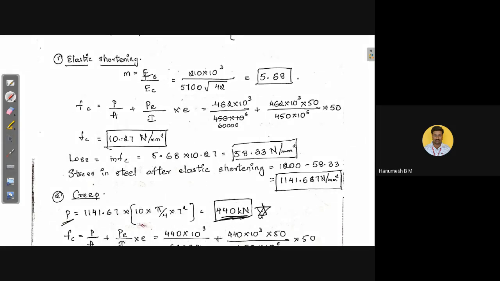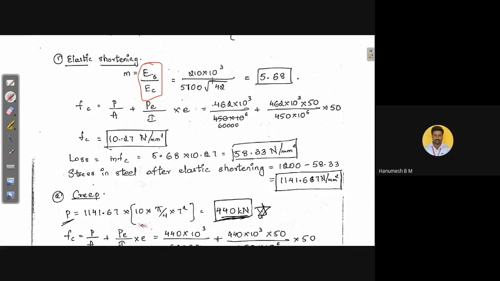Modular ratio is the ratio of Young's modulus of the steel to the Young's modulus of the concrete. Young's modulus of the steel is given as 210 kilonewton per mm square, hence it is 210 into 10 raised to 3 Newton per mm square divided by Young's modulus of concrete 5700 root FCK.